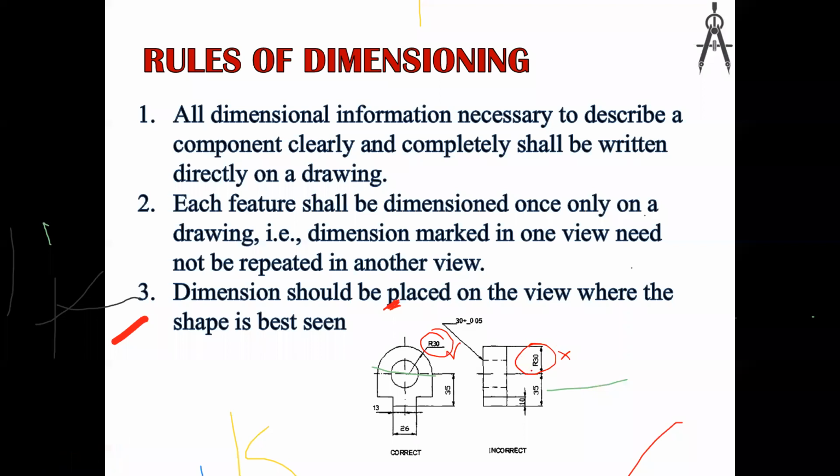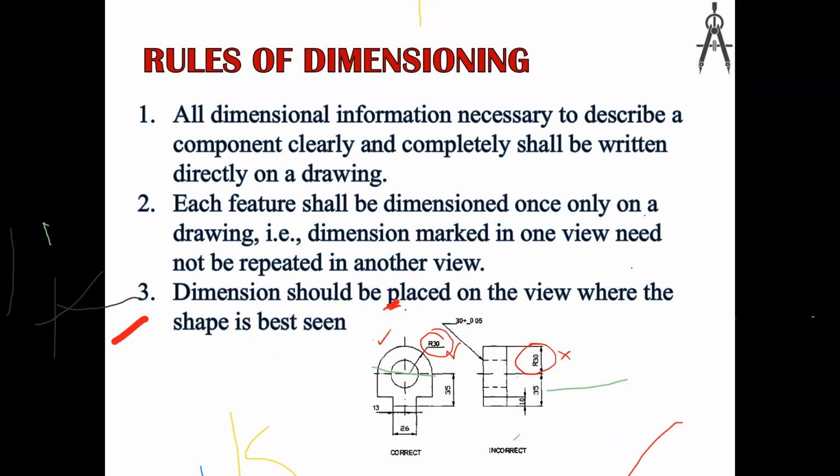You don't give it for a straight line. If you can't show the curve in that view, you have to use the end view to show those. Otherwise, if you can see the curved lines, there you have to mark the radii and diameters.